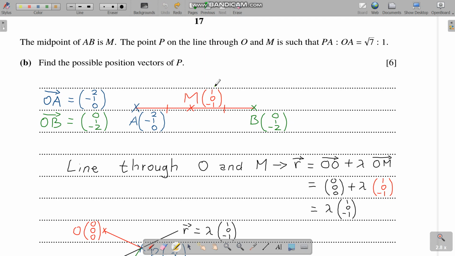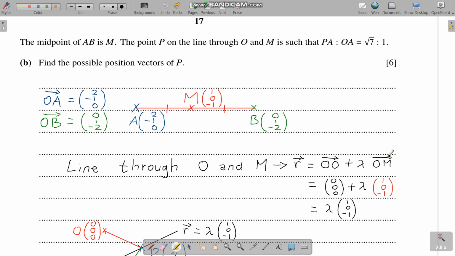And the line through O and M. For the line through O and M, this is the equation. We can use a point on the line and the direction vector. For the point on the line, we can use point O or point M. Of course, it's simpler to use point O because that's the origin, just 0, 0, 0.